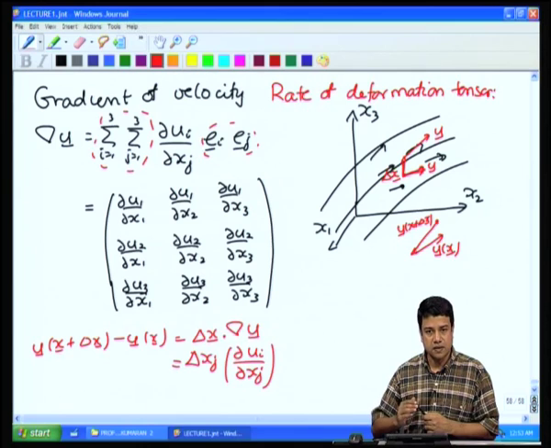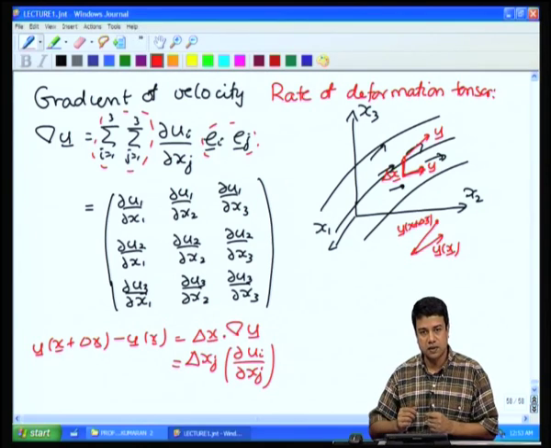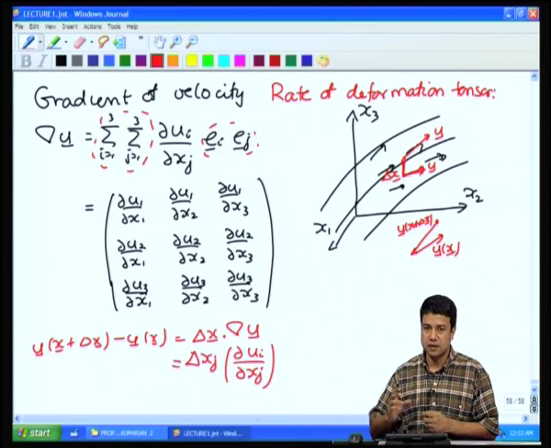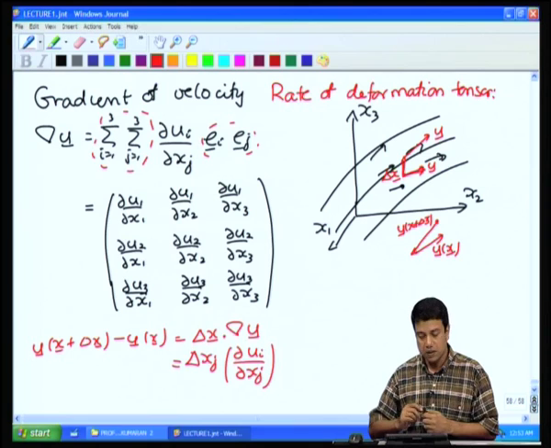There can be stresses only if there are gradients. When there are gradients, that means that nearby points are not moving with the same velocity. They are moving with different velocities relative to each other. And when nearby points move with different velocities relative to each other, then stresses are generated due to the stretching and deformation of material elements.